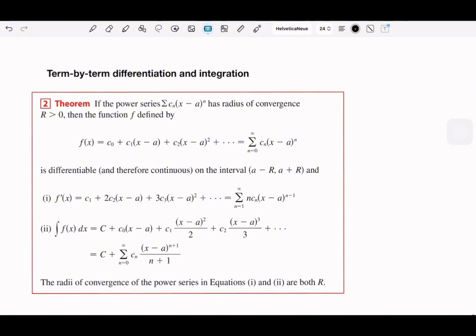So basically, if we have a power series with a positive radius of convergence, defined by that series as Cn times x minus a to the power of n, it is differentiable, and because it's differentiable, it should be continuous on the interval of a minus r to a plus r. We can write derivative forms, and then also write the integrations. And all the radii of convergence should be the same.